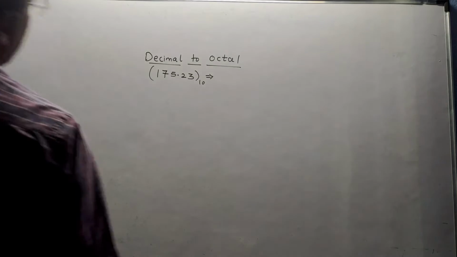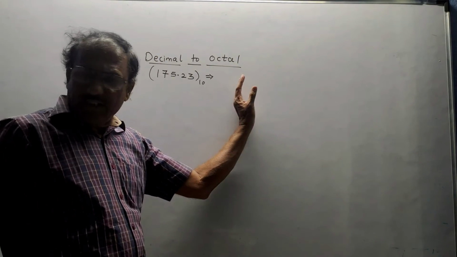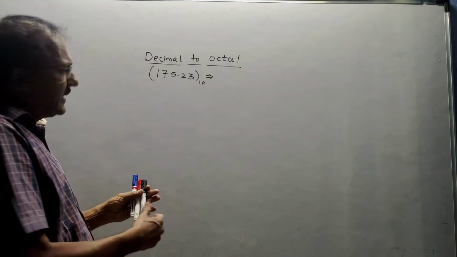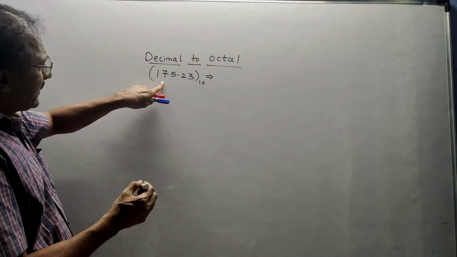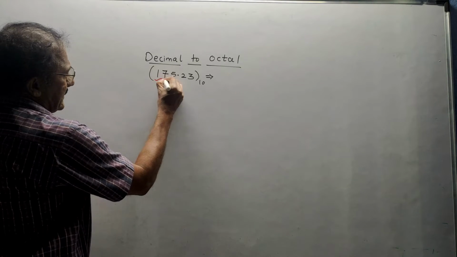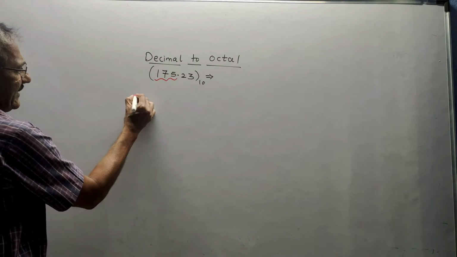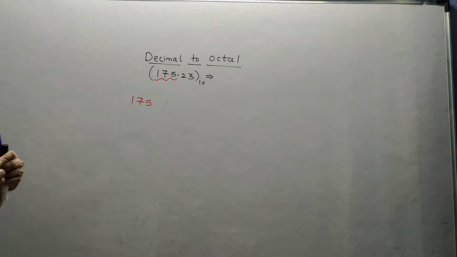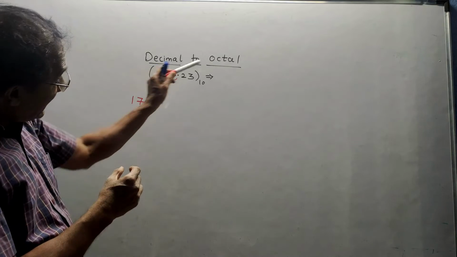The next type of conversion is decimal to octal conversion. It is similar to the previous case, like when we converted a binary number. So how to do it? Consider the integer part separately. So the integer part is this number 175. I will write it over here. The integer part is 175. Do remember we are converting it into octal.